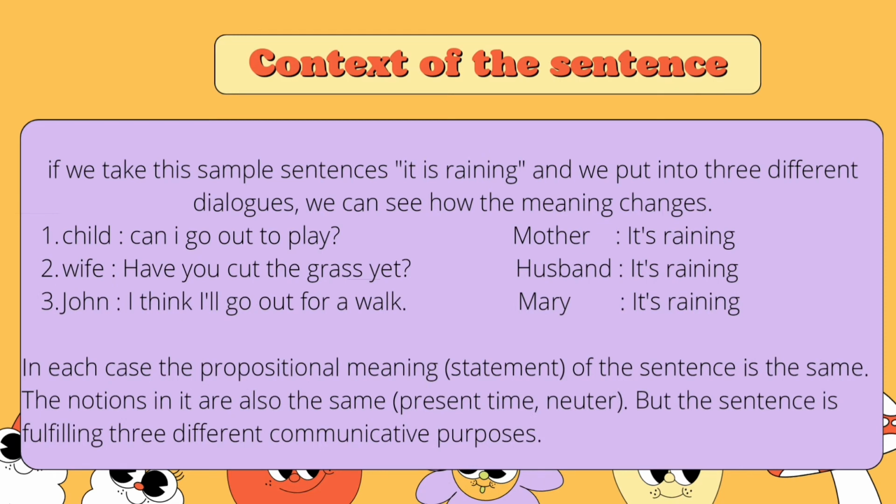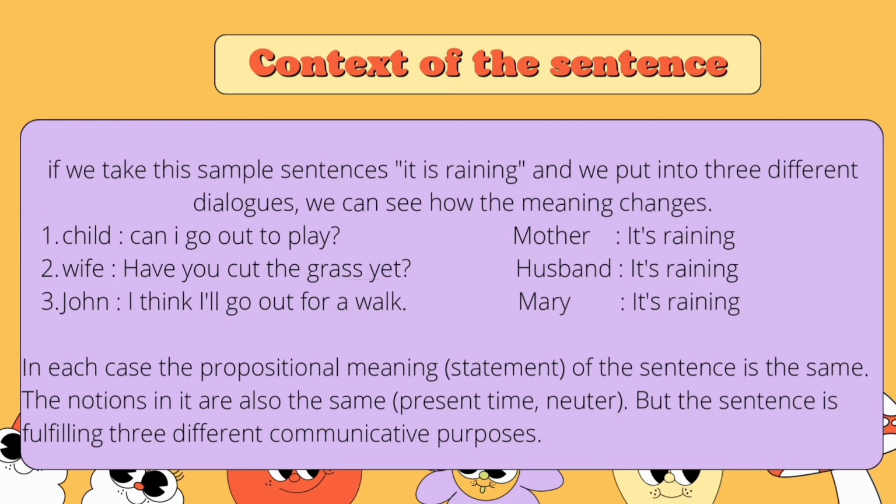Next, context of the sentences. If we take the sample sentence, it is raining, and put it into three different dialogues, we can see how the meanings change. Number 1, child: Can I go out to play? Mother: It's raining. Number 2, wife: Have you cut the grass yet, husband? It's raining. Number 3, John: I think I'll go out for a walk.